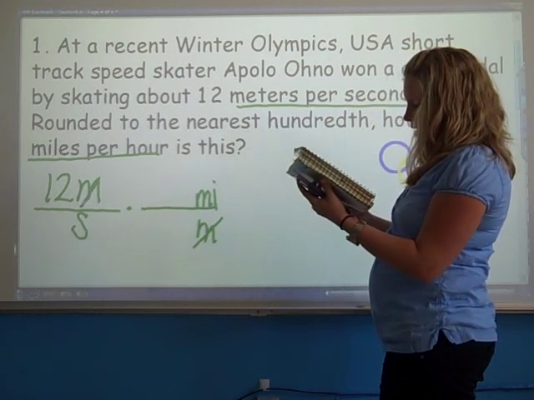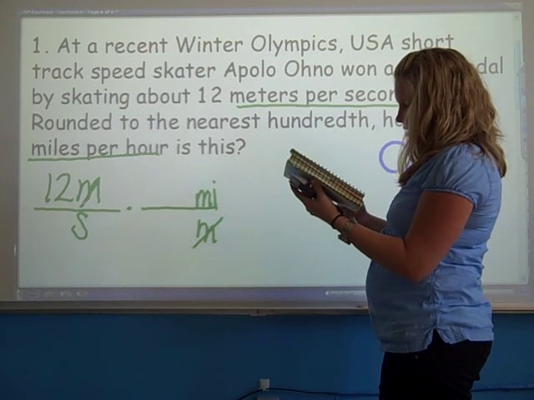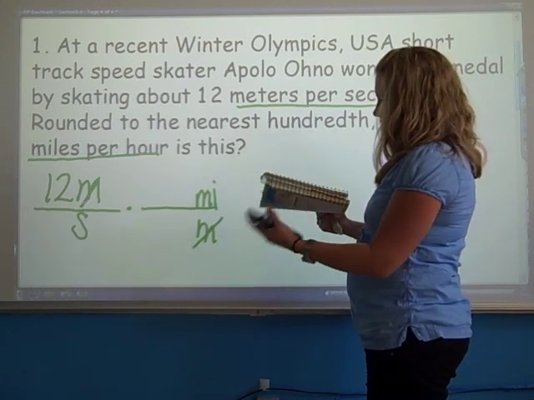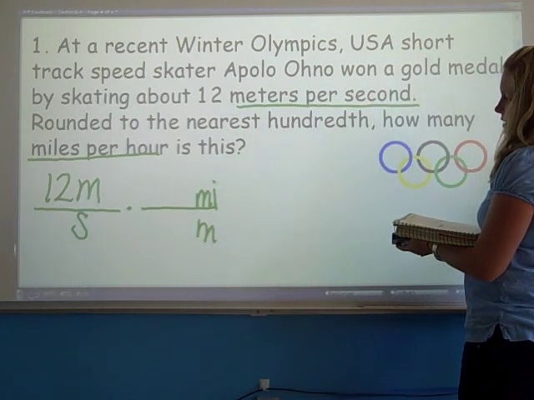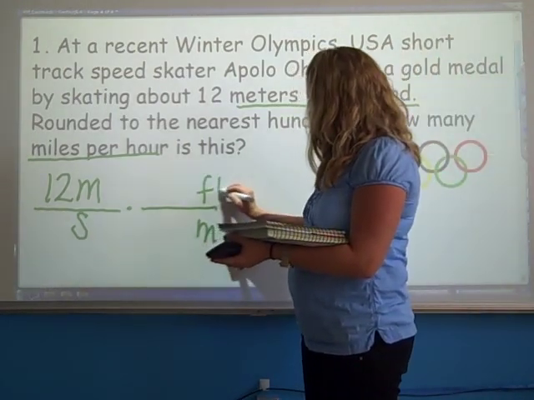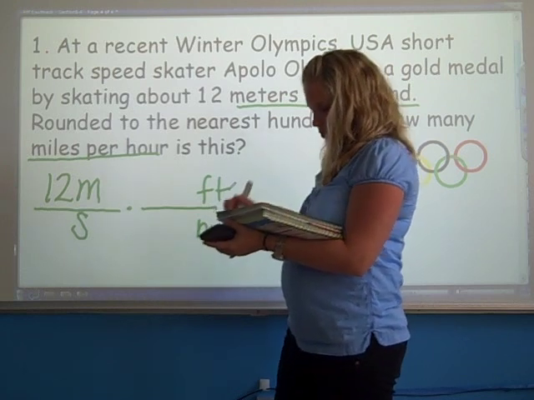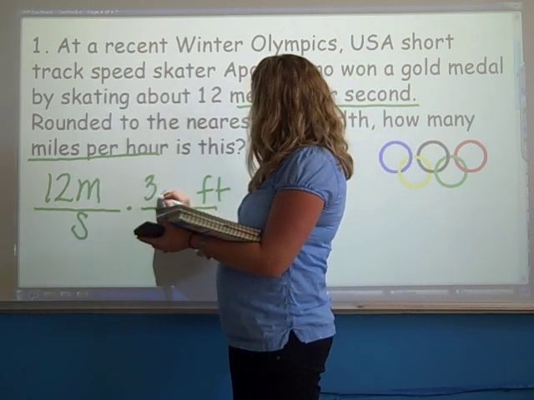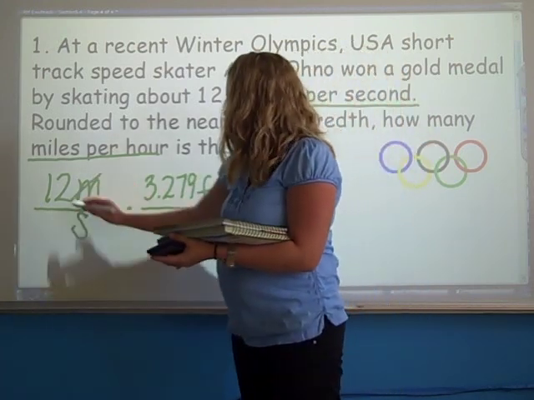I can do meters to feet and then feet to miles. That's what I'm going to have to do. We have to do this a couple times. Meters to feet. There's 1 meter is equivalent to 3.279 feet. Meters can be canceled out.